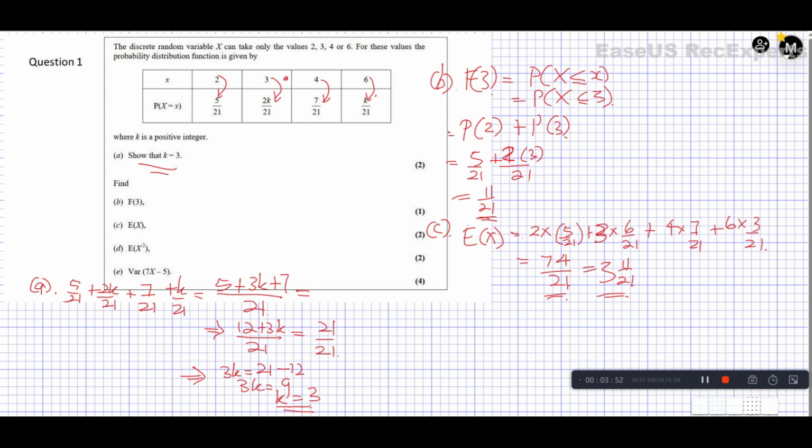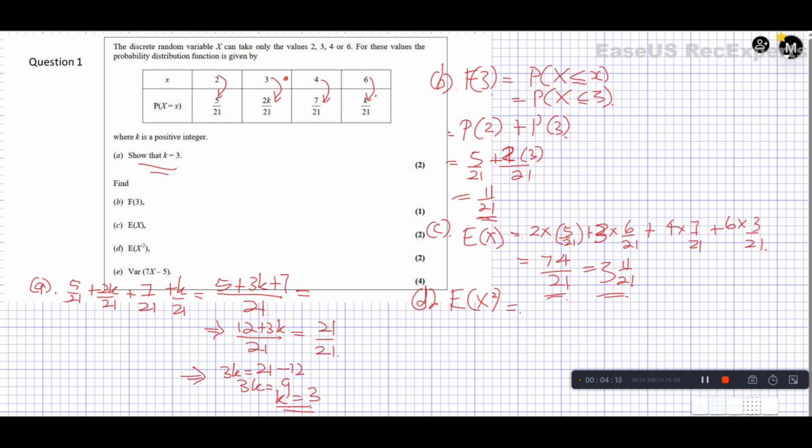Now the next value for D is E(X squared). So E(X squared) is you square the x and then times by the probability.